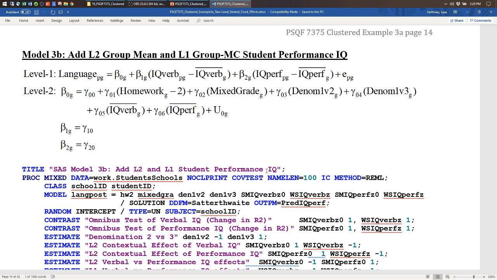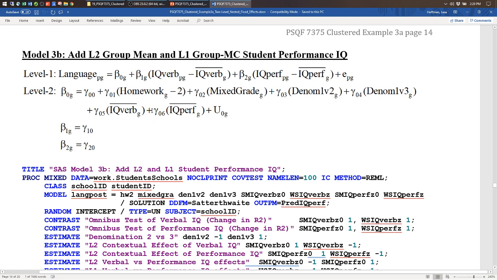Because I have a new beta 2 in the level 1 model, I have a new equation for it in the level 2 model. So 3 level 1 betas translates into 3 level 2 beta equations. Because it is the equation for beta 2, every term in here is going to start with a 2, and the first term is the fixed effect, that's the 0. So we're just adding a fixed effect for now.